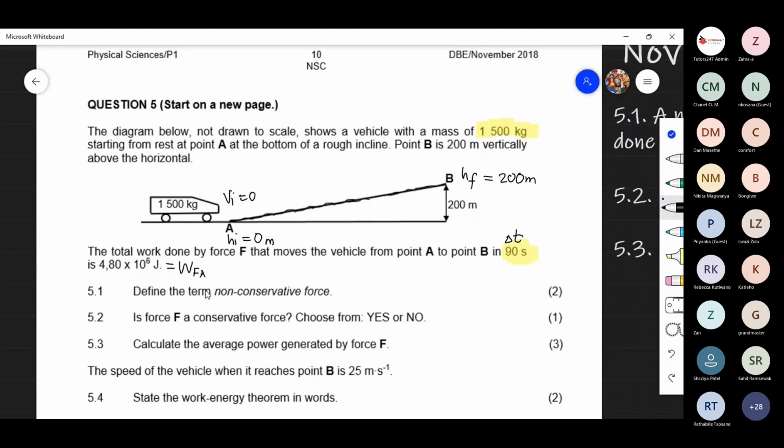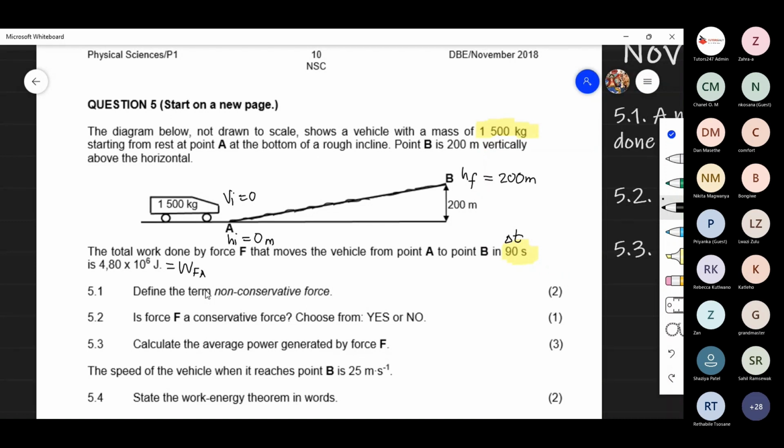Now, if we remember back to when we started our session, we stated that one of the examples of a conservative force was gravitational force. If we look at the force that moves this vehicle from point A to point B, that is not a gravitational force. That can be considered an applied force.